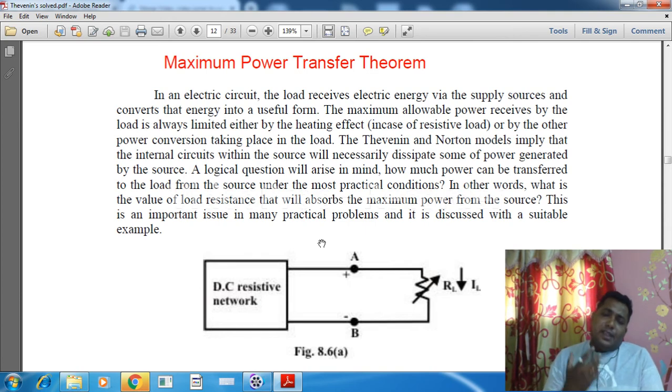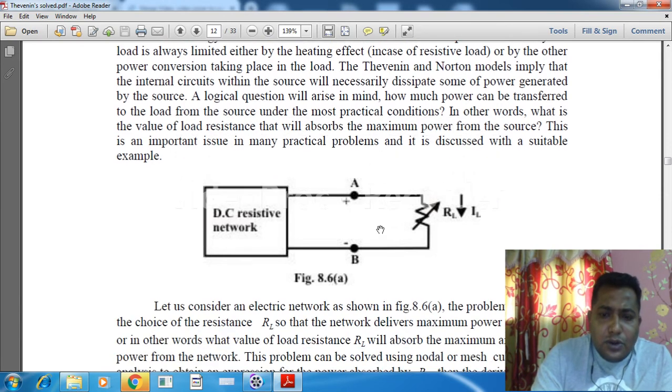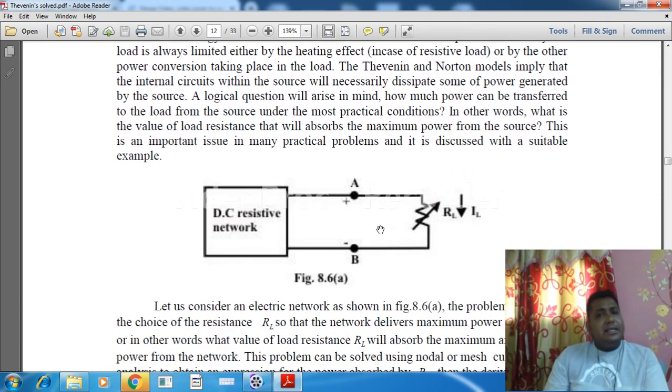Considering that concept, in today's class we are going to see how we can solve the maximum power transfer theorem. Same circuit, a DC resistive network, is connected to some sort of load. Here it is shown as a variable load.